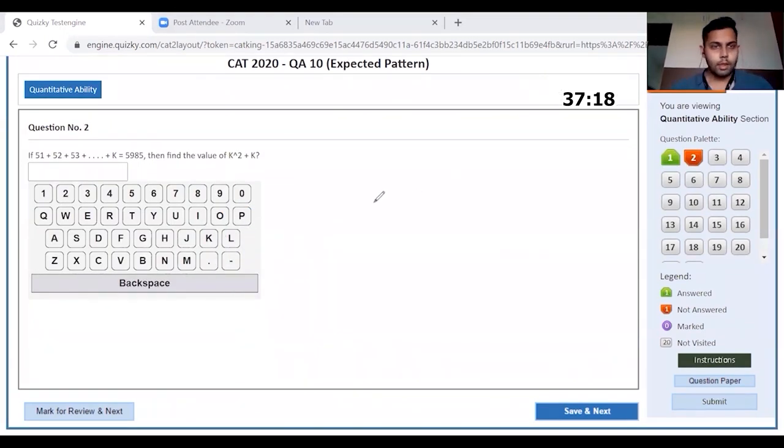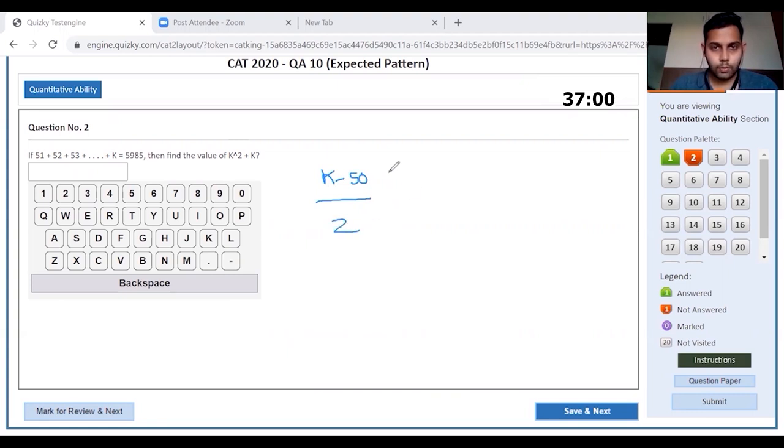Okay. Okay, very simple summation, K square plus K. So let's take it as natural numbers. So total K here. So K minus the first 50 natural numbers, right?